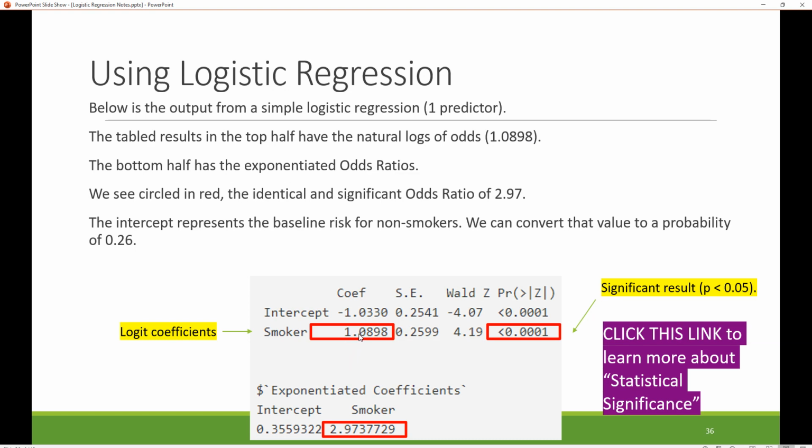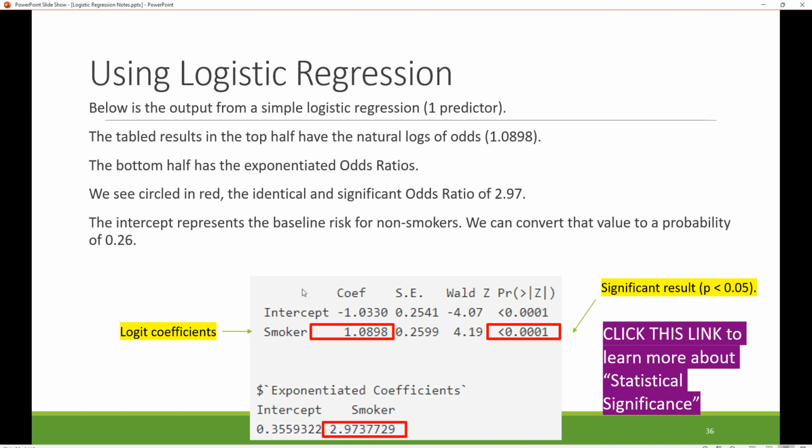Since we're working with logits and the value is above 0, that means it increases the odds. The bottom half has the exponentiated odds ratio. If we exponentiate that 1.0898, that gives us 2.97, which equals the same value that we get when we hand calculate our odds ratios.